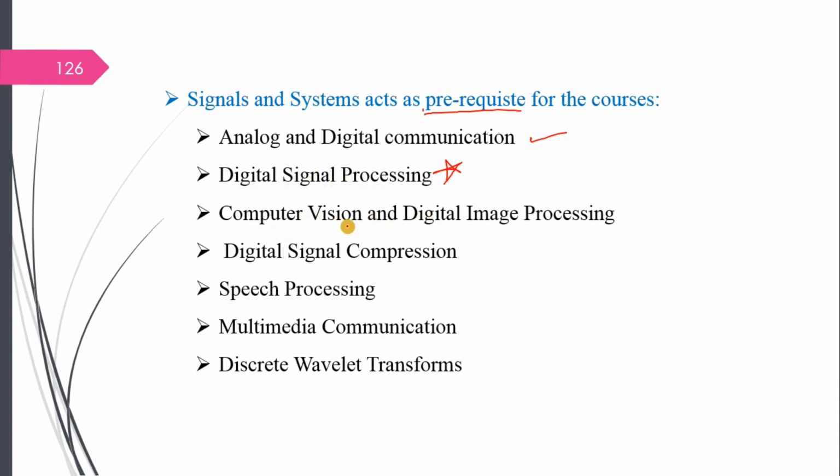Then some of the other courses you can get as electives are computer vision and digital image processing, a very interesting subject, digital signal compression, speech processing, multimedia communication, discrete wavelet transform. All these subjects need strong basics of signals and systems.